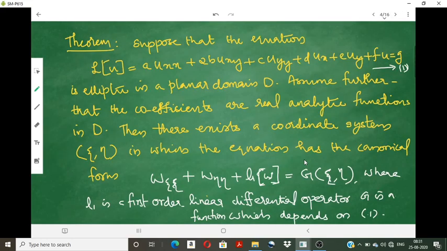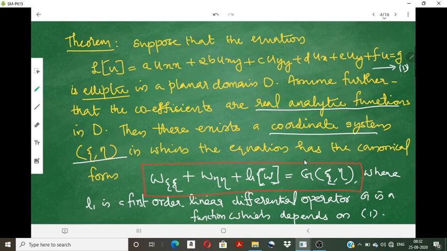Suppose the given second order PDE Lu equal to A u_xx plus 2B u_xy plus C u_yy plus D u_x plus E u_y plus F u equal to G, equation number 1, is elliptic in a planar domain D. Assume further that the coefficients are real analytic functions in D. Then there exists a coordinate system theta, eta in which the equation has the canonical form W_thetatheta plus W_etaeta plus L1 of W is equal to G of theta, eta. So this is the canonical form of the elliptic PDE.